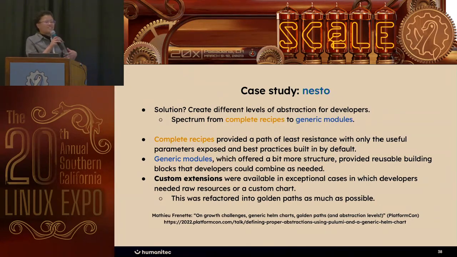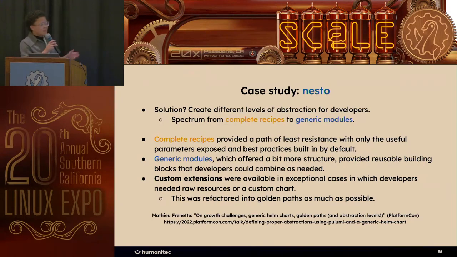Then, in extenuating circumstances, you had custom extensions, where developers could use raw resources or a custom chart when needed. And the important part about these custom extensions was that the learnings from these experiences were refactored into the golden paths as much as possible, as to avoid developers needing to go off the golden path as frequently.